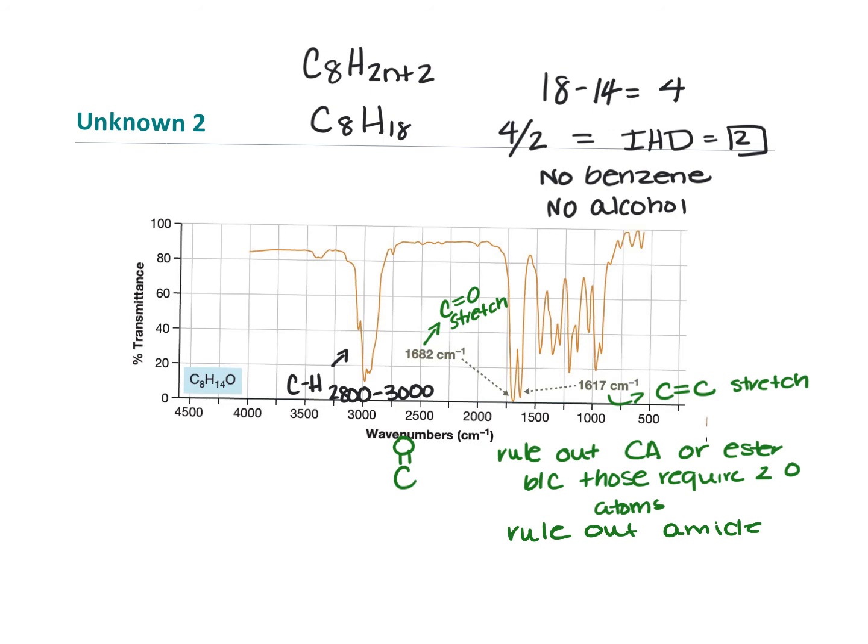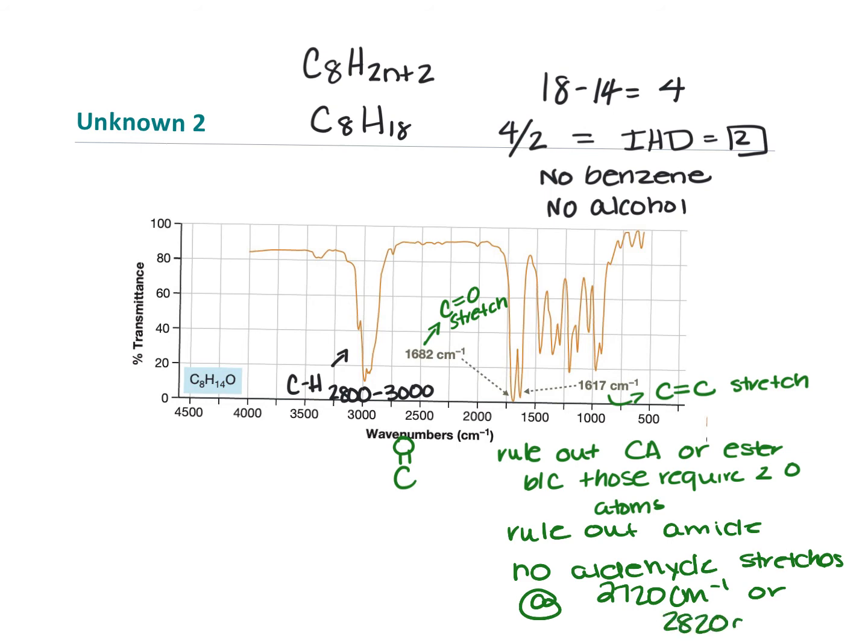We can also rule out an aldehyde because we don't have those aldehyde stretches at right around 2720 and 2800, and these are approximate again because we get some shifts, remember. So we've got a lot of information here of things that we have ruled out.